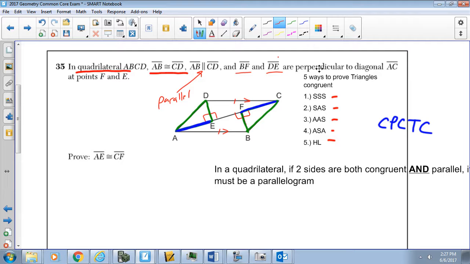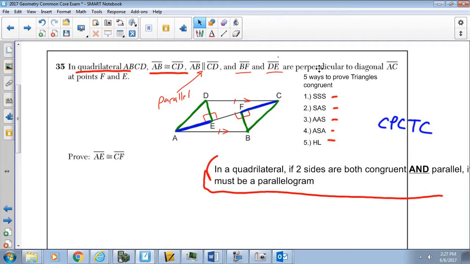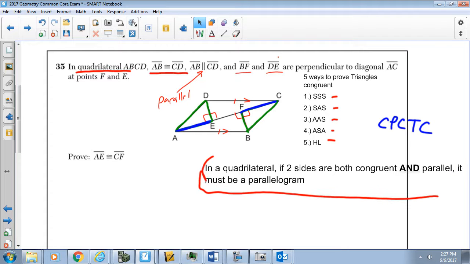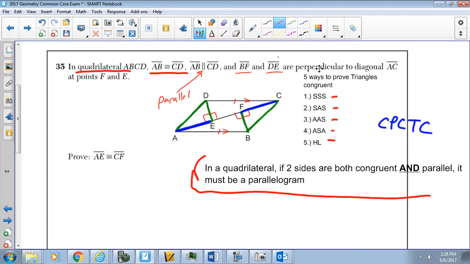Now, very important fact that you need to write down, and if you didn't know this, it made this problem much more difficult. In a quadrilateral, if two sides are both congruent and parallel, it must be a parallelogram.